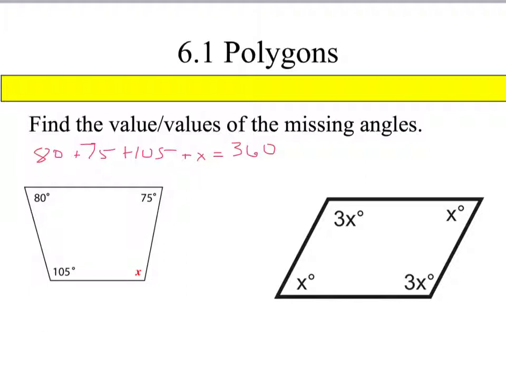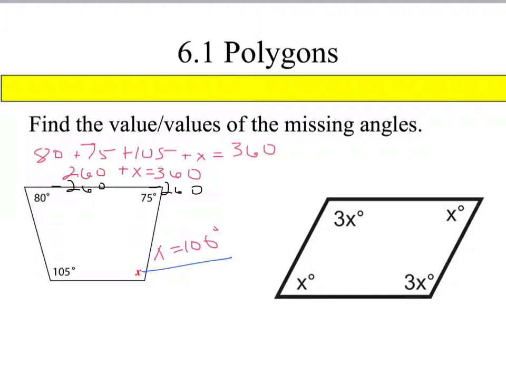So I look at 80, 75, and 105, and I add those up and I get 260. Plus x is equal to 360. From here, it's a one-step problem, subtract from both sides. And what is my x going to be? X is going to be 100. However, it is an angle. What do we need when we have an angle? We need our degrees symbol. 100 degrees. Perfect. Hopefully you got 100 degrees.